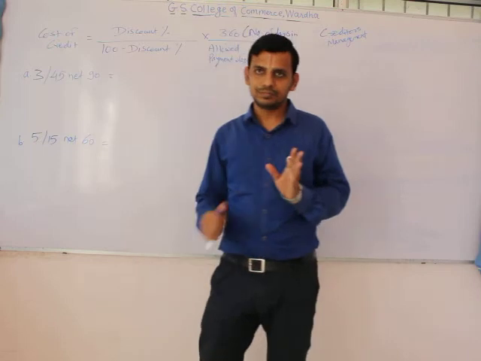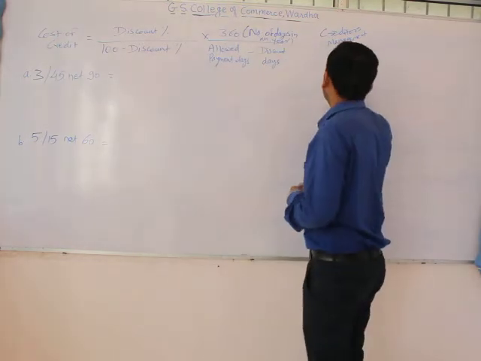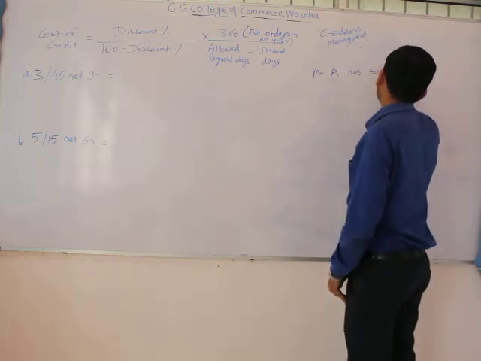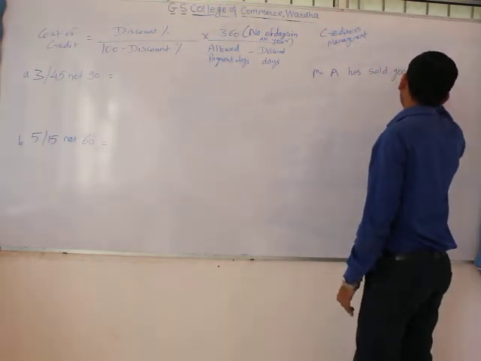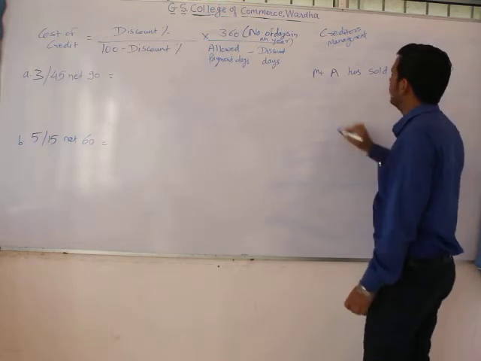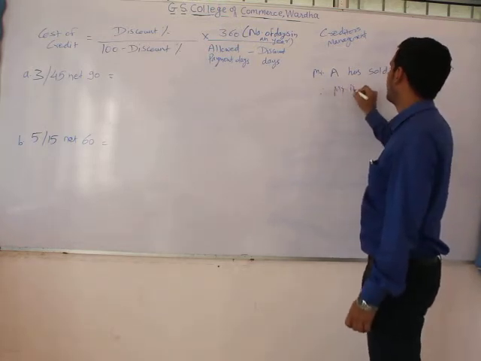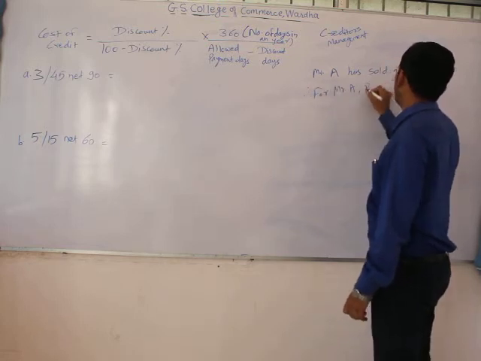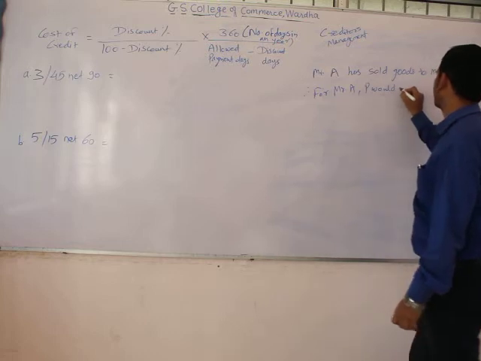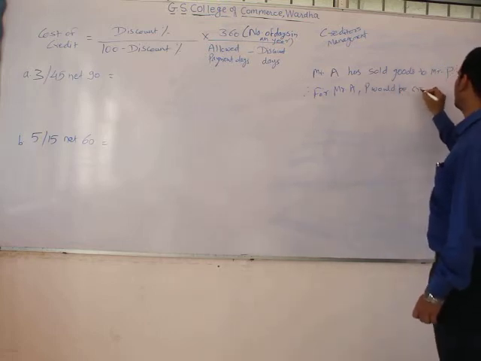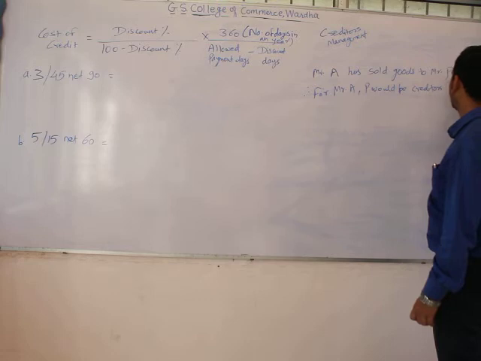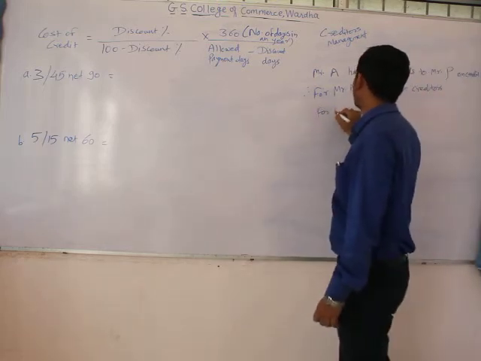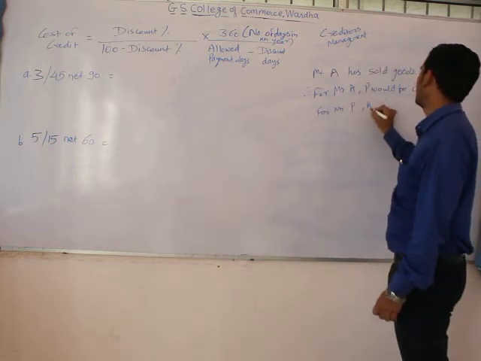Remember one thing, suppose that Mr. A has sold goods to Mr. P. Therefore, for Mr. A, P would be the creditor as he has provided the credit, and for Mr. P, A would be the debtor.